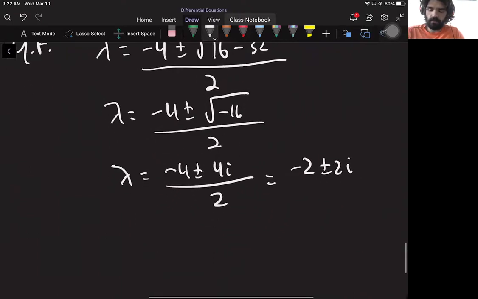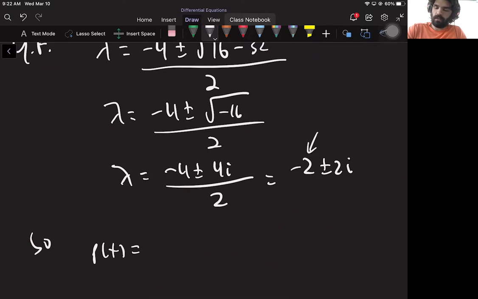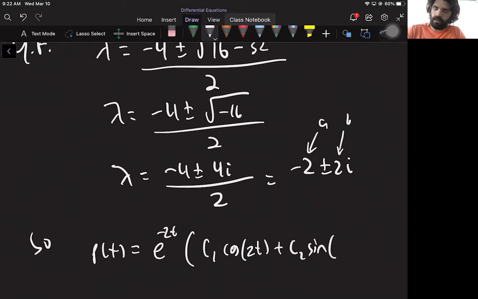So what does that mean our solution looks like? The idea is that this thing we called A and this thing we called B. And then the solution was e to the negative AT times C1 cosine of BT plus C2 sine of BT. So that's the solution.